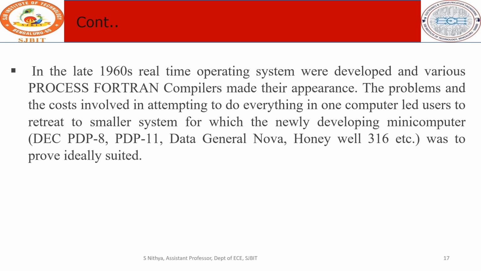In the late 1960s, real-time operating systems were developed and various process FORTRAN compilers made their appearance. The problems and cost involved in attempting to do everything in one computer led users to retreat to smaller systems, for which the newly developing minicomputer proved ideally suited.